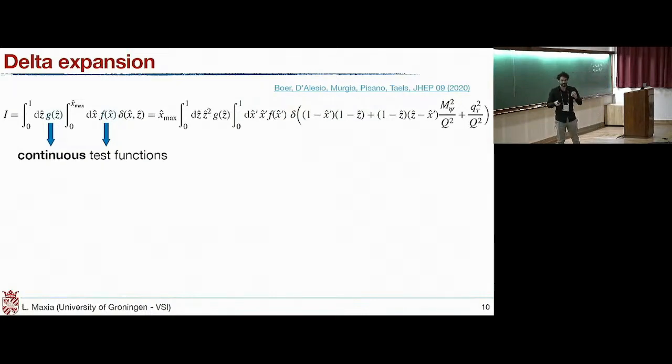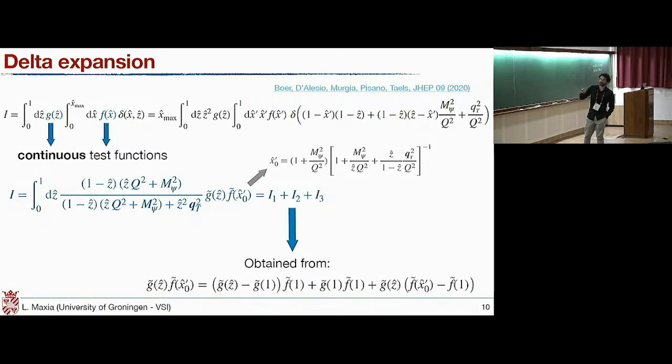Then you integrate over these variables. For example, here I integrate over x and I get this integral, and then to get the expansion, I split this integral into three terms, an operation achieved by using this formula.